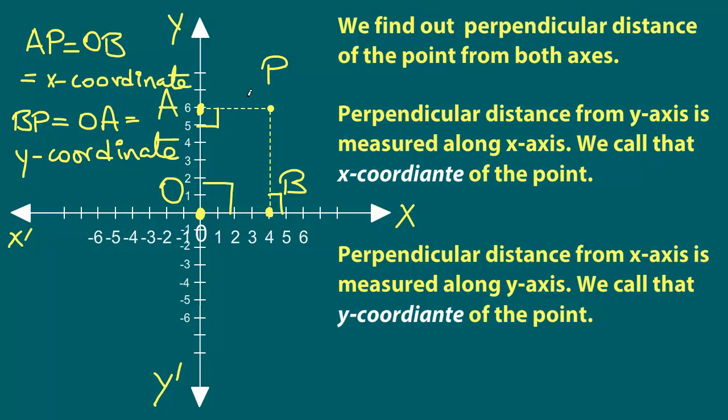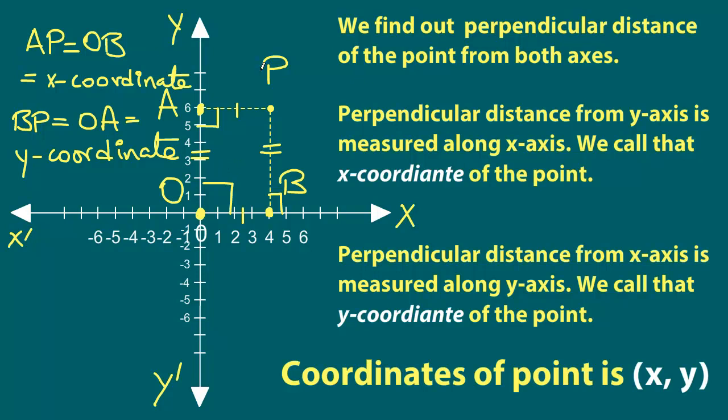This length is equal to this length, and this length is equal to this length. René said that then we can write the coordinates of this point P in parentheses, the x coordinate first, then a comma, then the y coordinate.